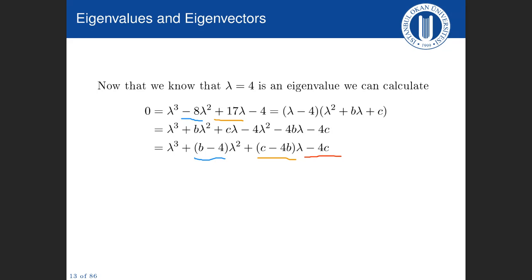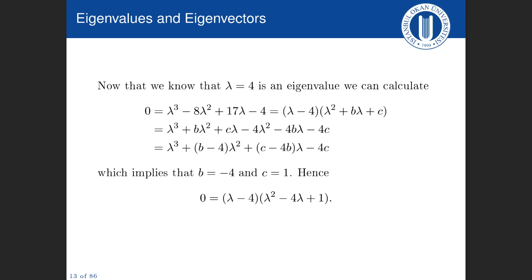And minus 4c must be the same as minus 4. So we need to have b is minus 4, and c is 1. So our characteristic equation is 0 equals lambda minus 4 multiplied by lambda squared minus 4 lambda plus 1.